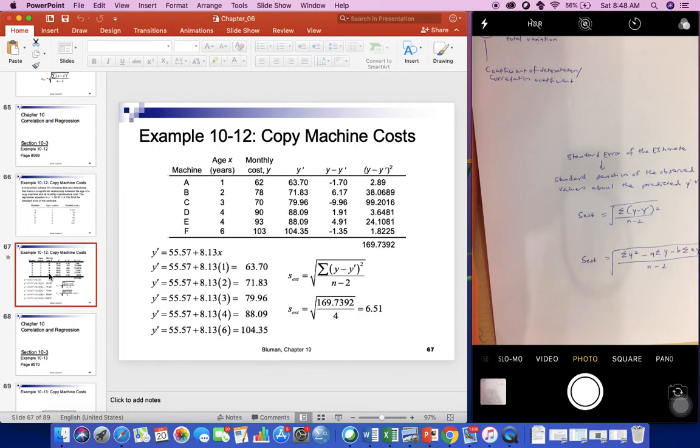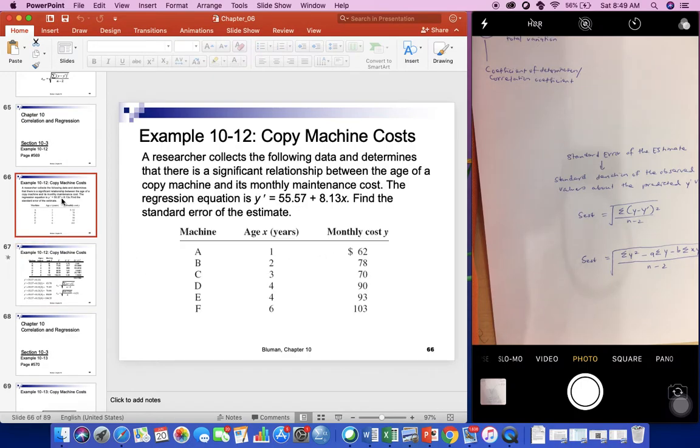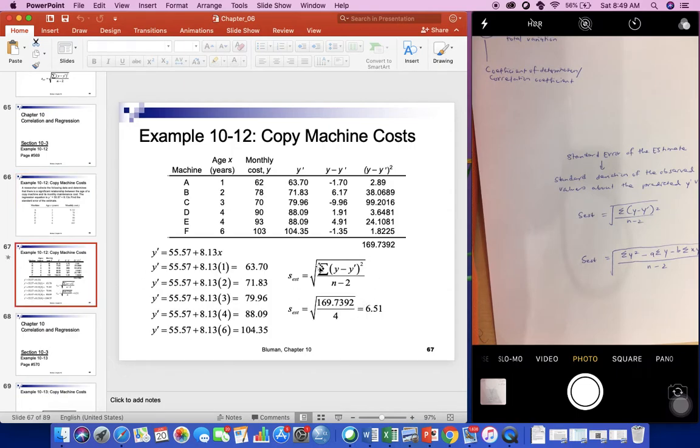First of all, we need to find the value for the y predicted. To find the standard error of estimate, we use this formula: the square root of the summation of y minus y predicted, squared, over n minus 2.